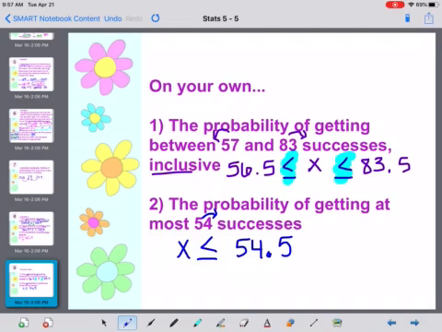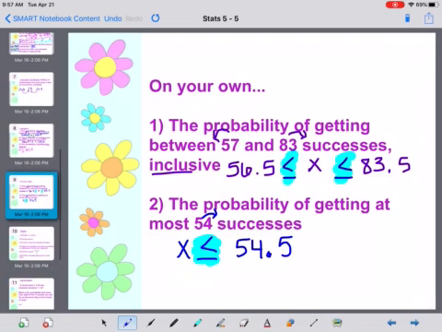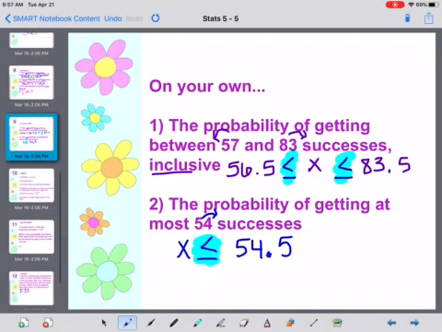The fact that 54 was included means I went up to 54.5. Anything up until 54.5 will round down back into 54, and the at most means that's the top end, so X has to be less than or equal to that. Again, these are matching, so hopefully you can figure them out. They're super complicated. Sometimes they get really hard.